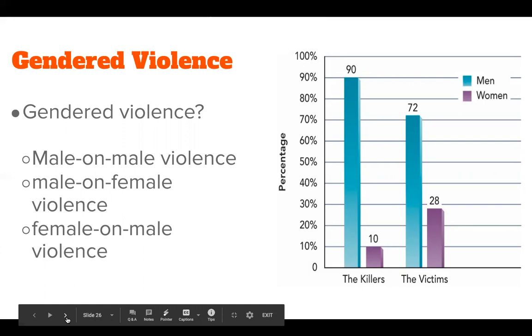And the only thing that's less than female on male is female on female, especially in terms of murder, homicide. You can see there, women are dramatically overrepresented as victims compared to killers. They are over twice as likely, almost 3 times as likely, to be victims as they are to be killers.